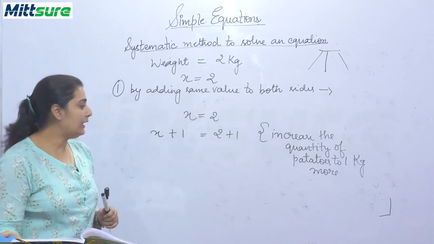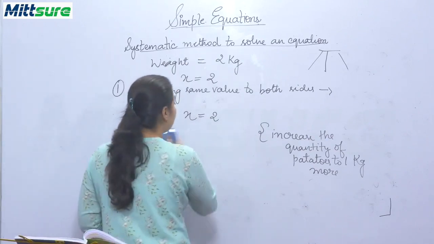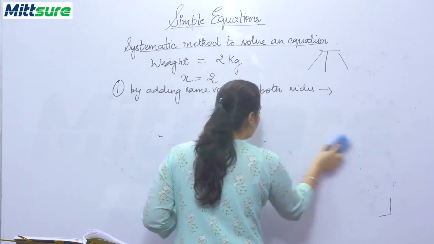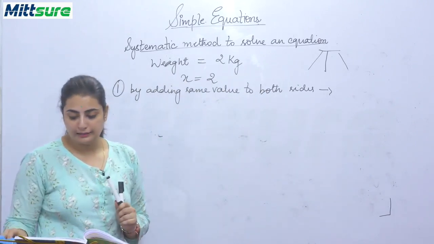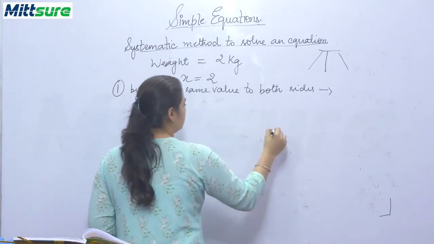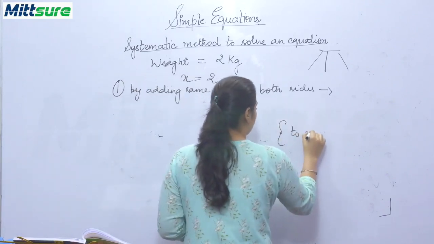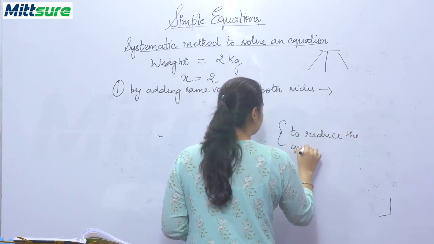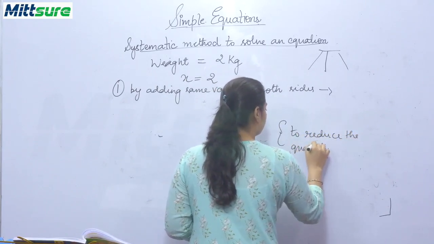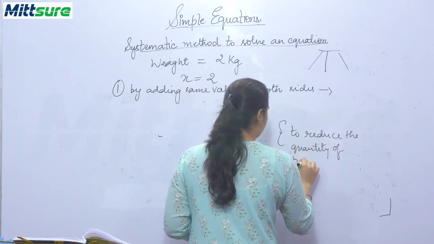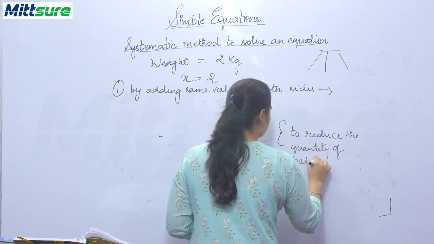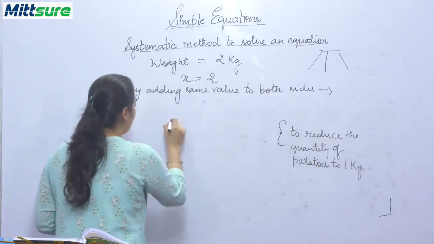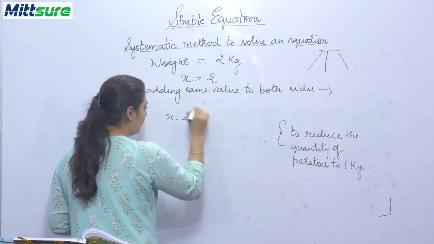Now, secondly, what could happen? That I could reduce the quantity. Now if I want to reduce the quantity of potatoes to 1 kg, what will happen in that case? So I have x is equal to 2.